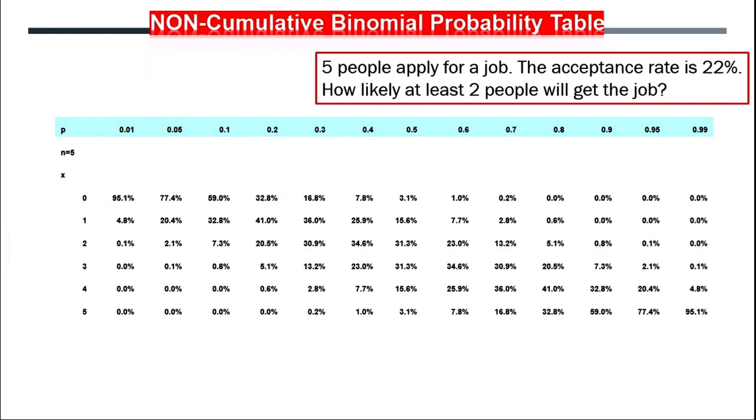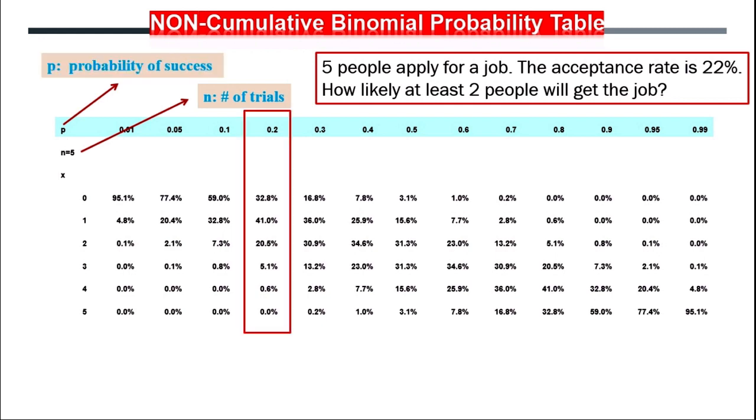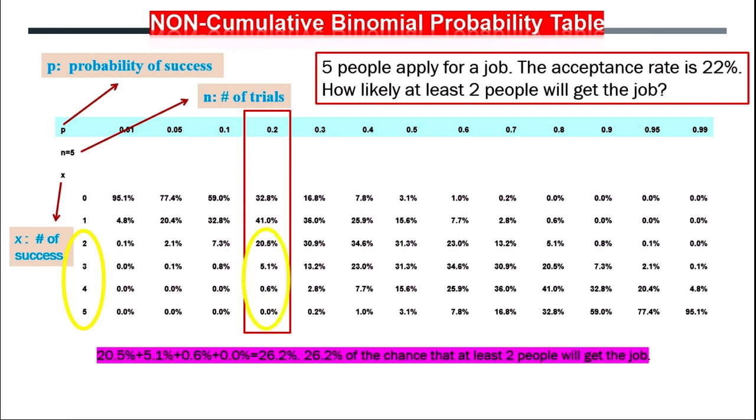One more. How likely is it that at least 2 people will get the job? At least 2, x can be 2, 3, 4, 5. So the corresponding probabilities are 20.5% plus 5.1% plus 0.6% plus 0.0%. The result is 26.2%.